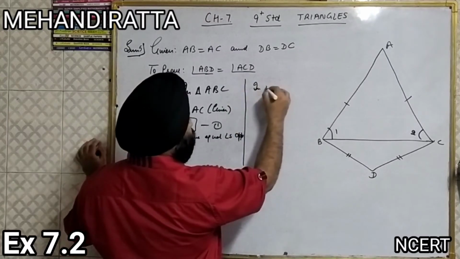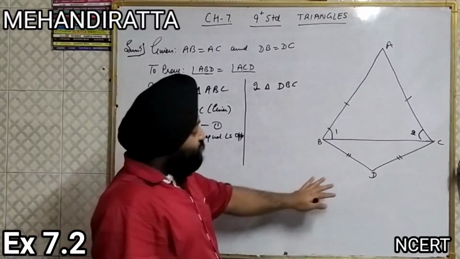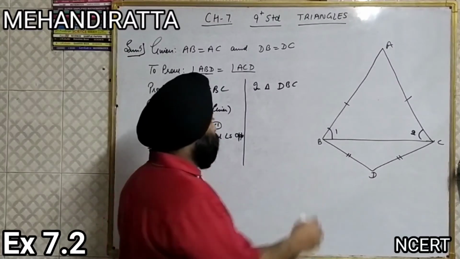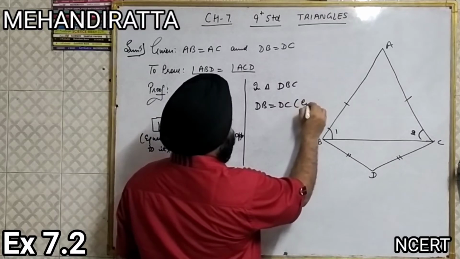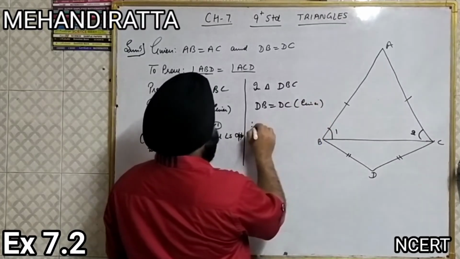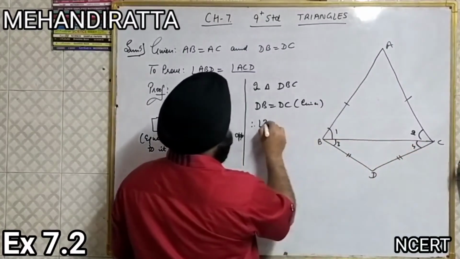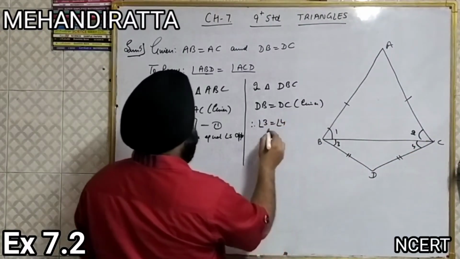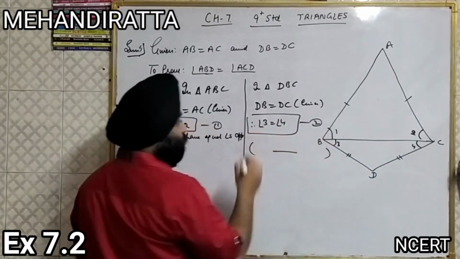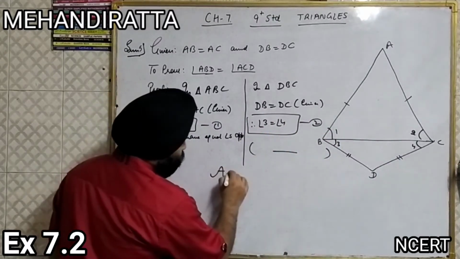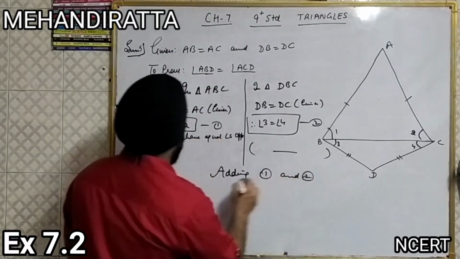In triangle DBC, DB equals DC given. Therefore, angle 3 is equal to angle 4, again for the same reason. Now adding 1 and 2, what do we get?